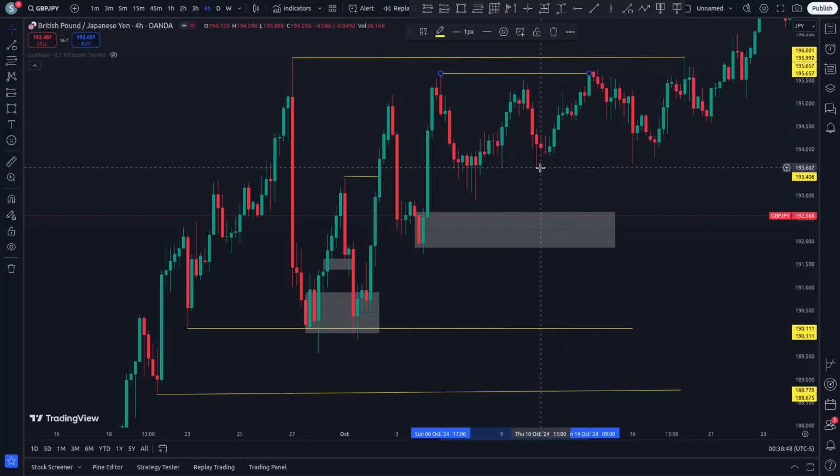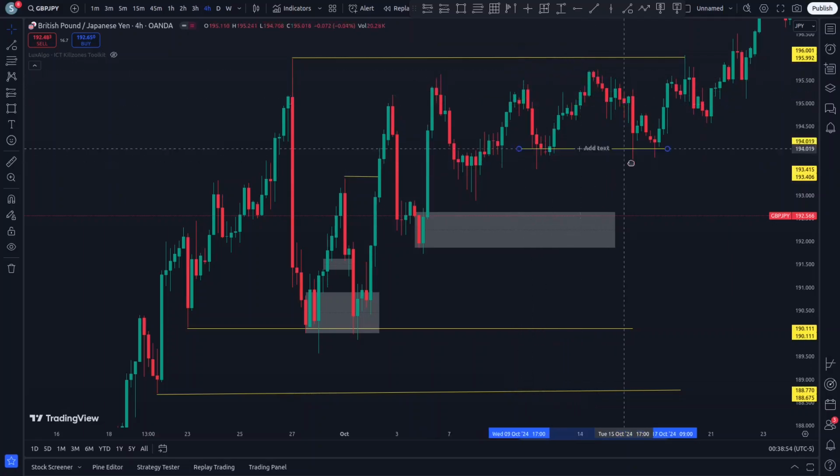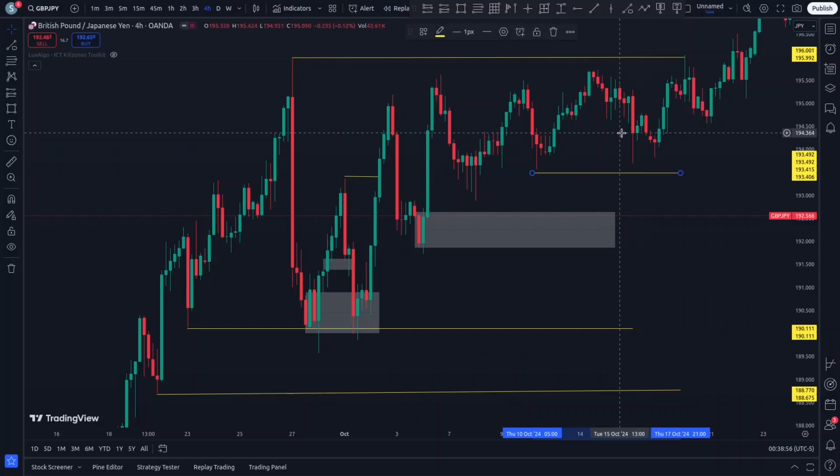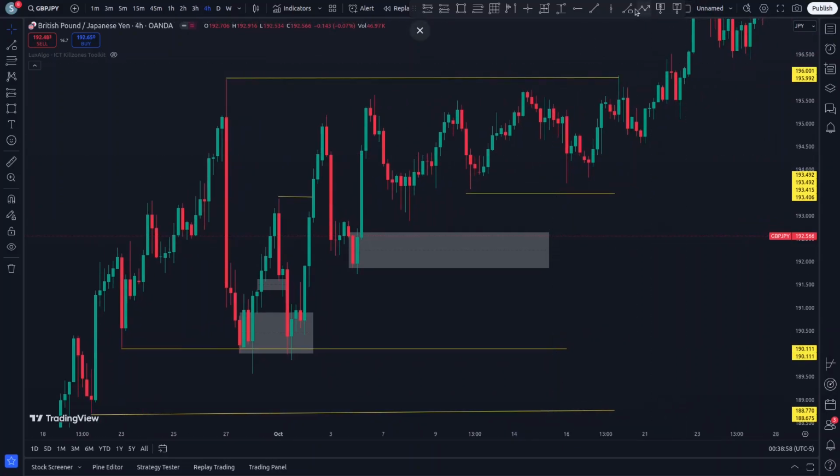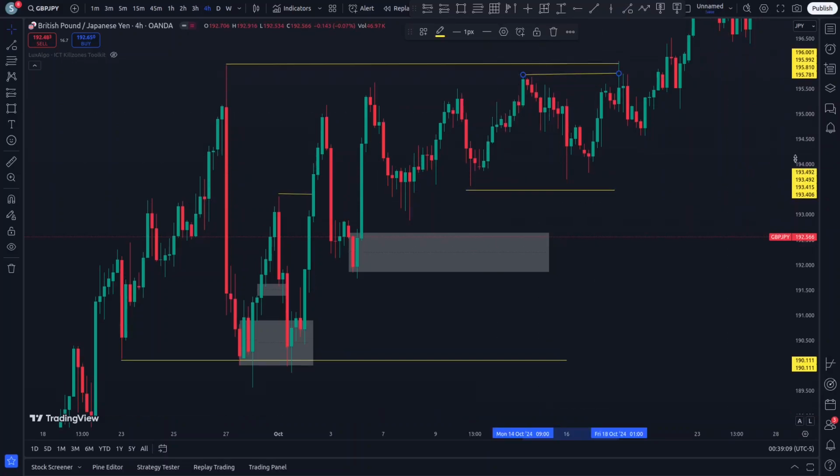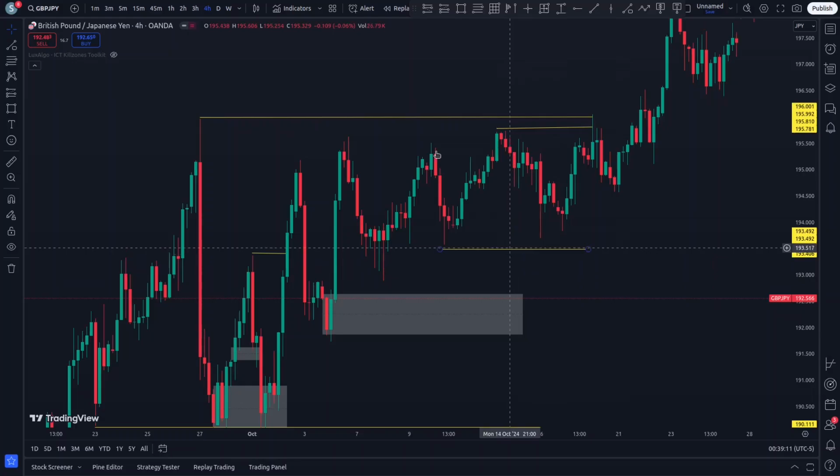When market uses this low to take out this liquidity, here becomes our new low, and here becomes our high here. Market takes it out, then moves down to fill up imbalance.